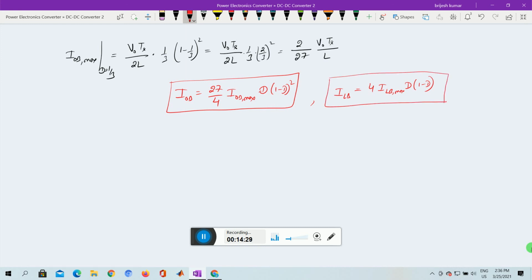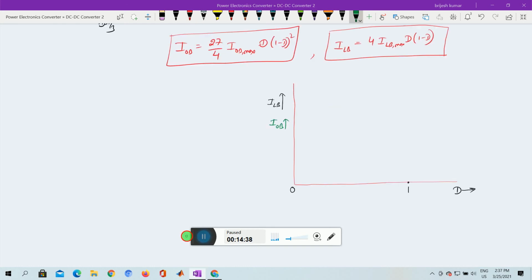Can we draw a curve indicating how I0B and ILB vary for different values of duty cycle? We will plot ILB first. When D is equal to 0, the value is 0, and when D is equal to 1, again the value is 0. In between you get this type of curve.